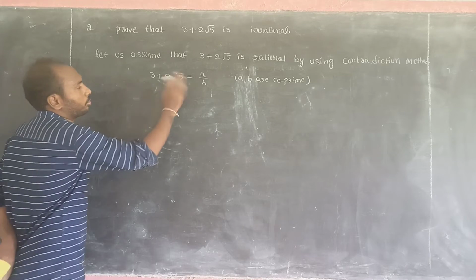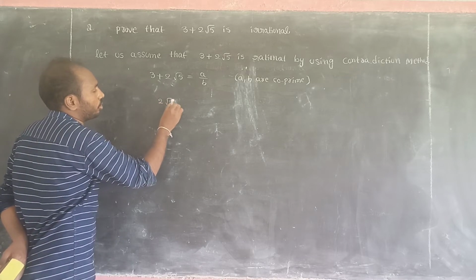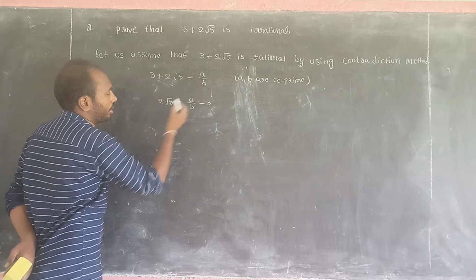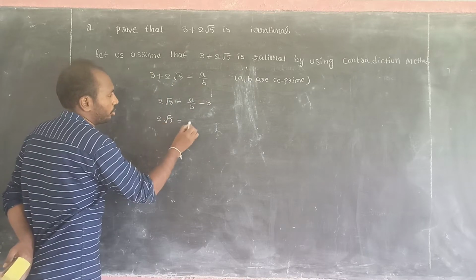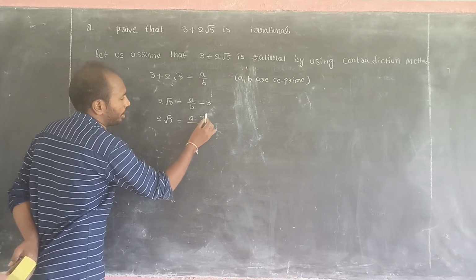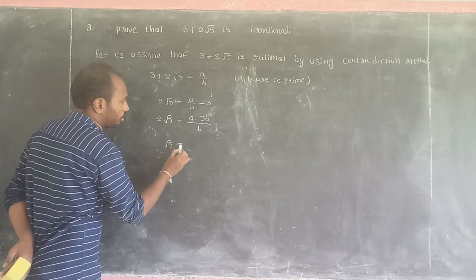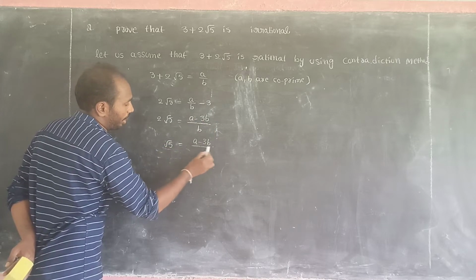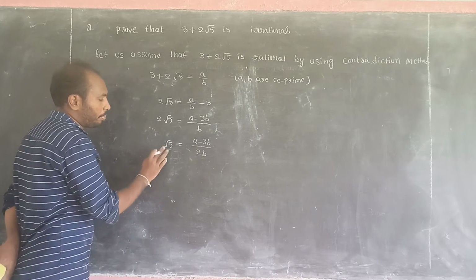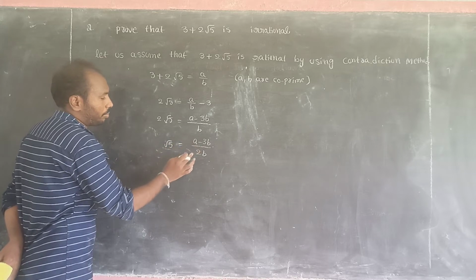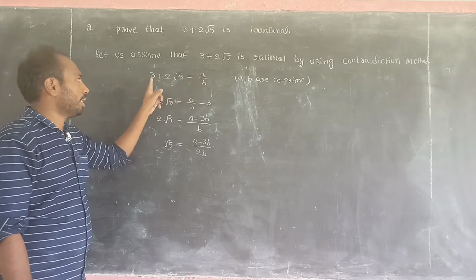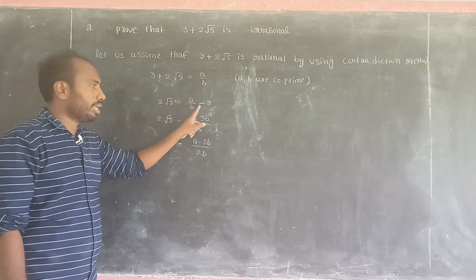So 3 plus 2 root 5 is equal to a by b. Transposing 3 to the right side, 2 root 5 is equal to a by b minus 3.